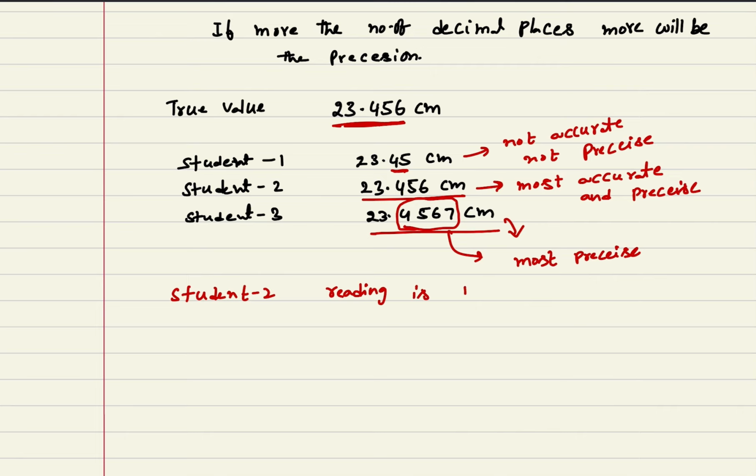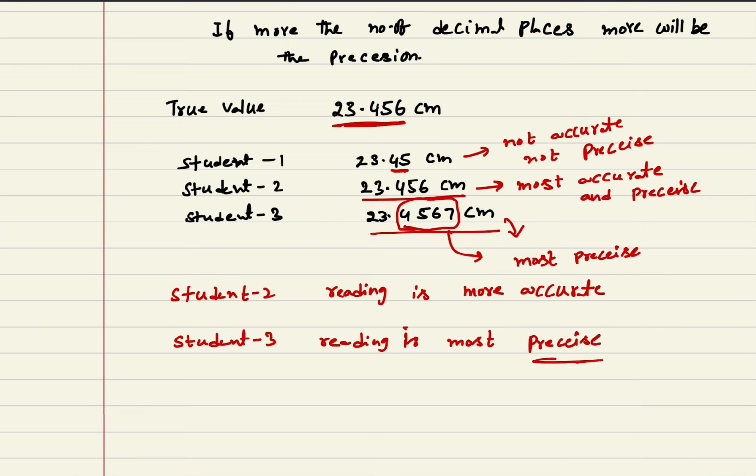Out of all these 3, student 2's reading is more accurate, and student 3's reading is most precise.